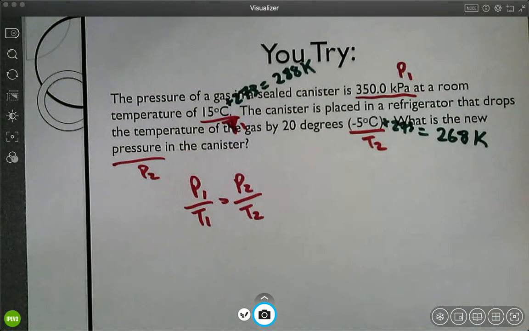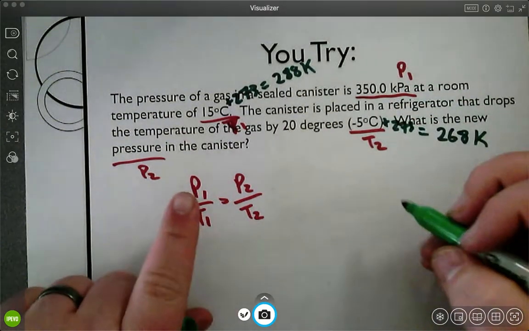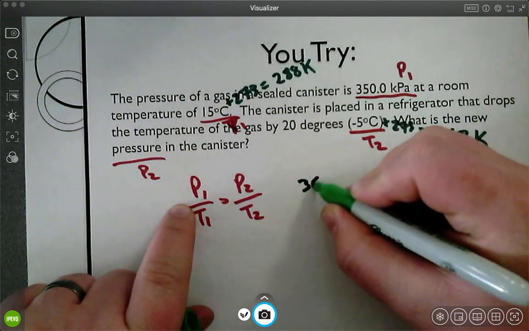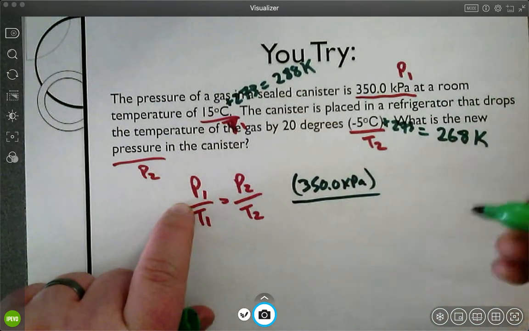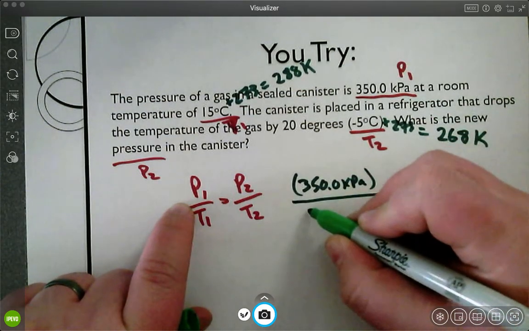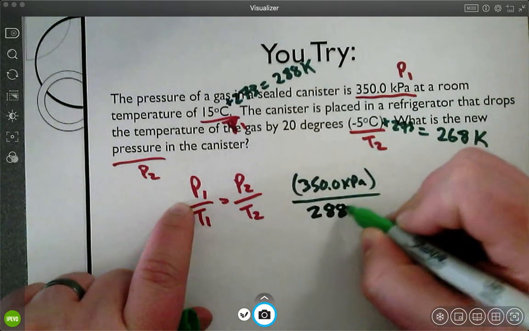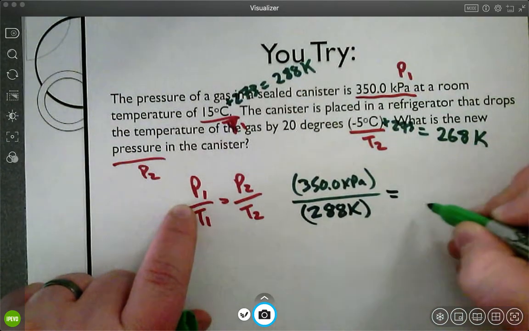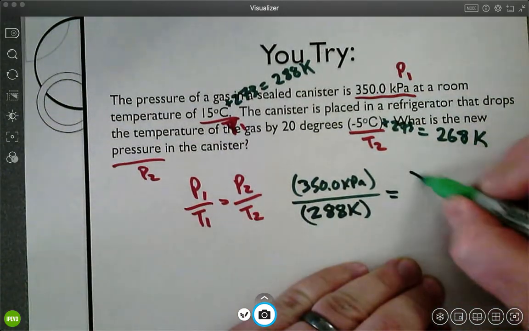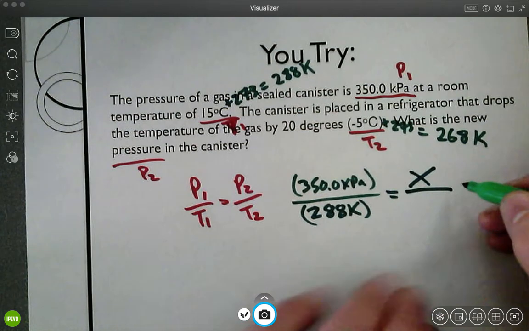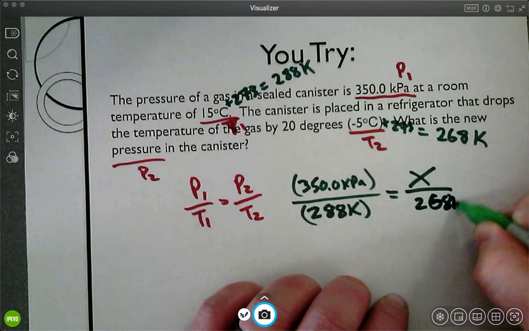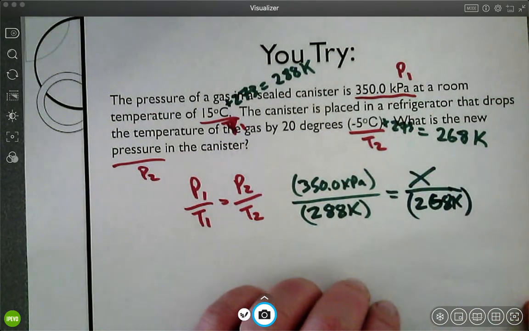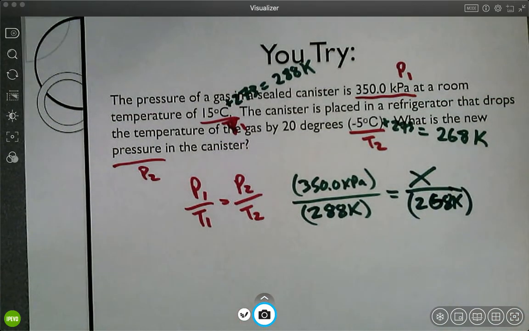So I'm going to take these numbers and plug them in here. P1 is 350.0 kilopascals divided by T1, which is 288 Kelvin, equals P2, that's the one I'm looking for, divided by T2, 268 Kelvin. Rearrange all this.